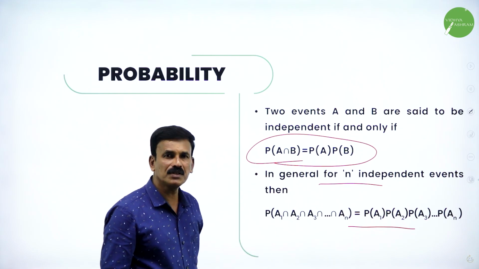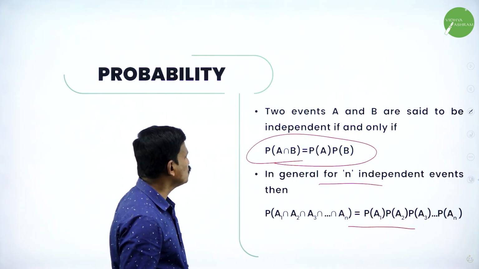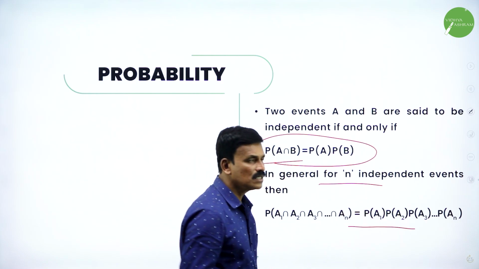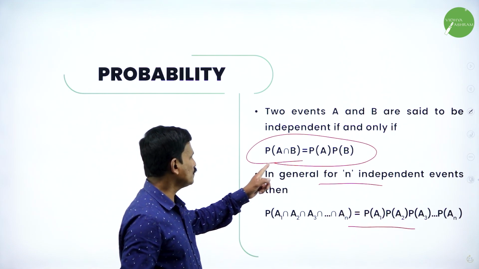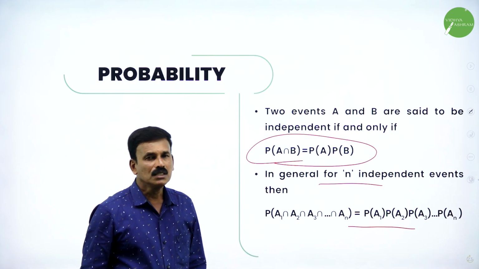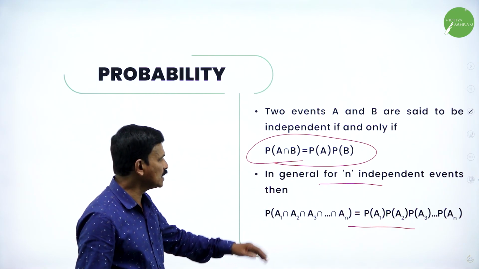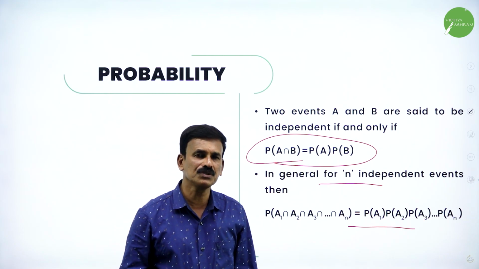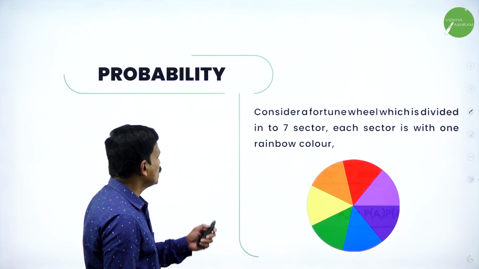For two independent events, that is, the occurrence of one does not depend on the occurrence of the other, probability of A intersection B is probability of A into probability of B. Therefore, in general, for n events, probability of A1 intersection A2 and so on up to AN is equal to probability of A1 into probability of A2 into and so on into probability of AN. Now, move on to the next one.